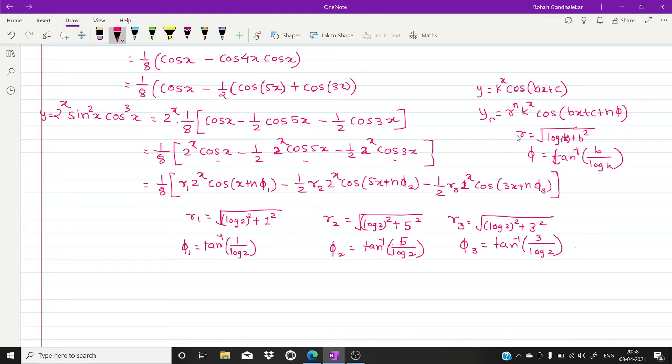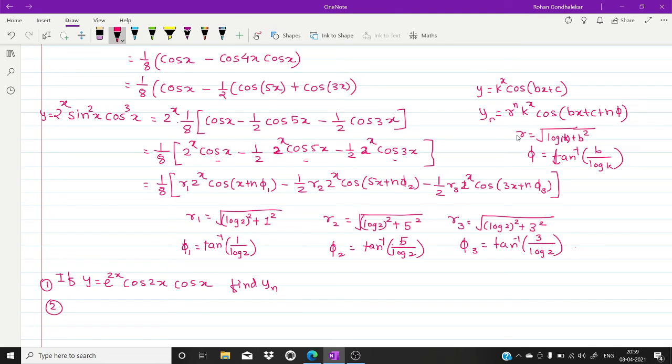Okay. So now I am giving you one problem for homework. Leave the previous example, because I have already done the main part of it. I will post a new question. If y is equal to e raised to 2x into cos 2x into cos x, find yn. That is my first question for homework.